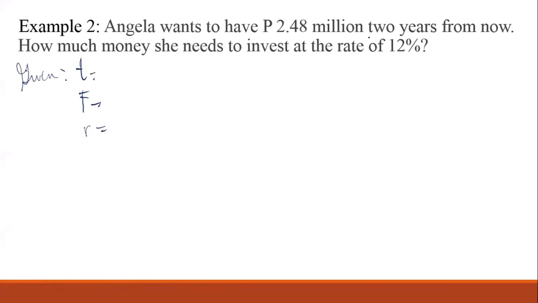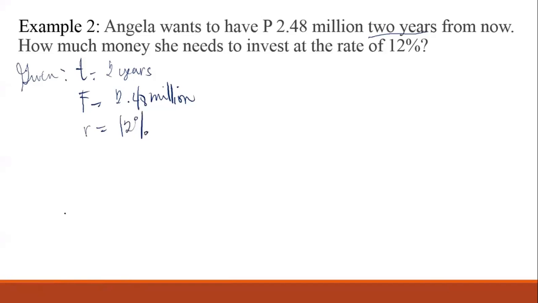Since 2 years, so nabanggit dito na 2 taon. So, 2 years. Para daw ma-accumulate niya yung 2.48. So, anong gagawin niya? So, yung future na value natin is 2.48 million pesos with simple interest rate of 12%.